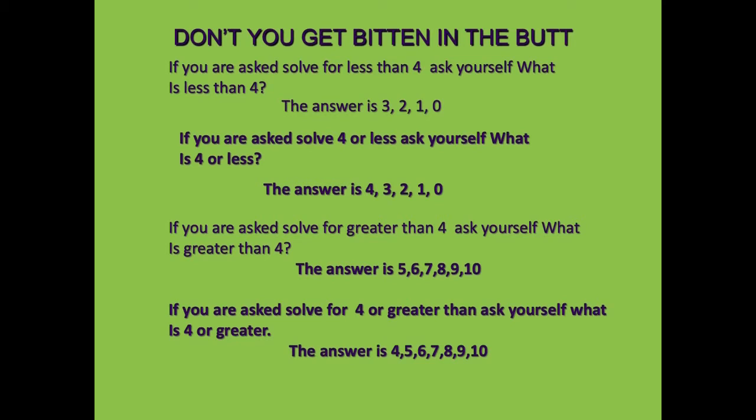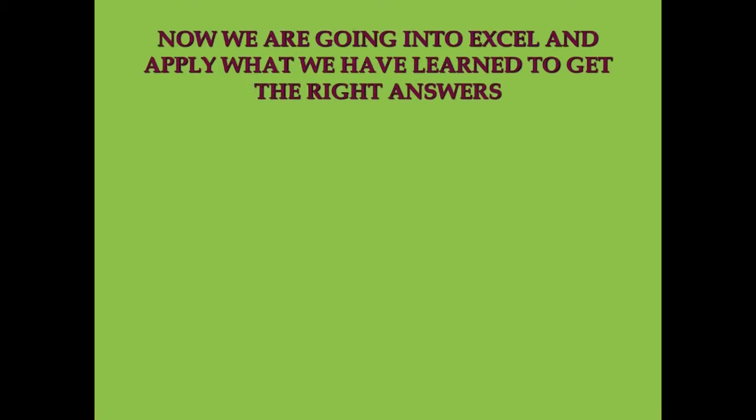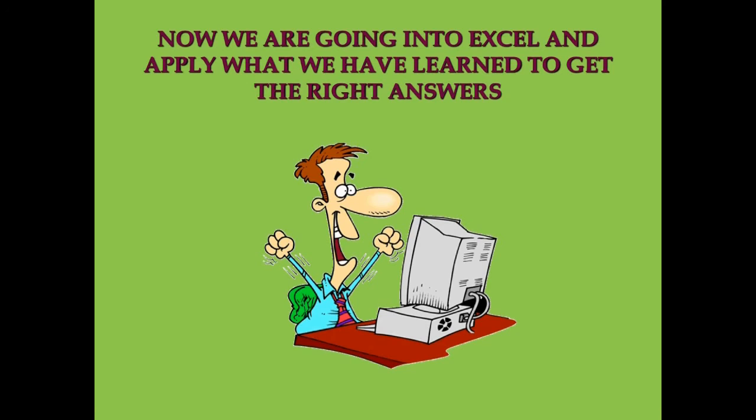If you understand that and take your time when preparing your binomial information in Excel, you're going to be able to get the right answers. That's what we're going to look at now. We're going to go into Excel, apply the things we just went over, and look at some sample problems to come up with the right answers.